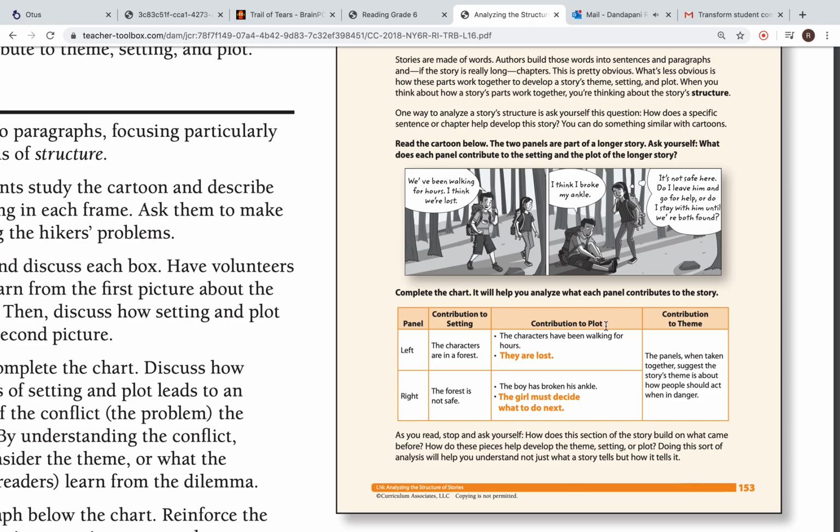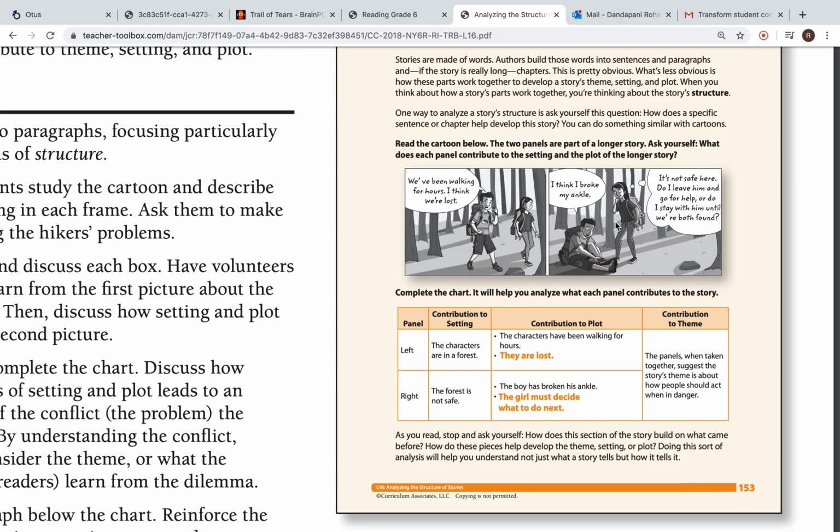Remember, when we say plot, it means the events that happen in a story, the events that make up a story, right? We also know that they are lost, right? So that's how this panel contributes to the whole plot of the cartoon.